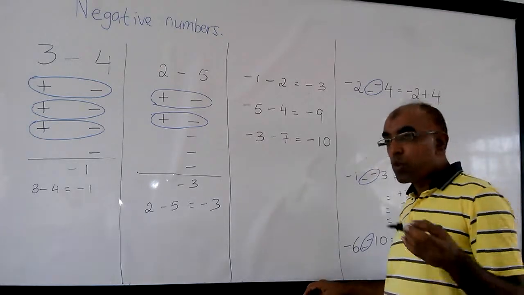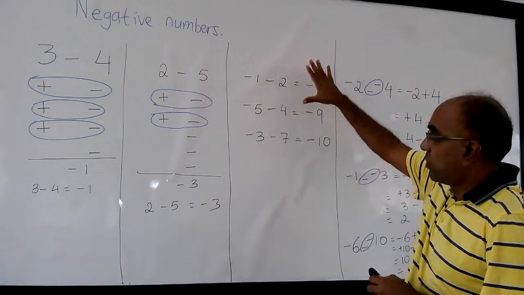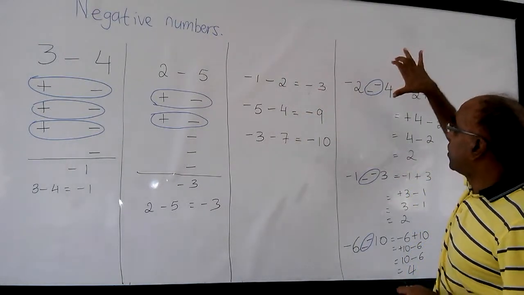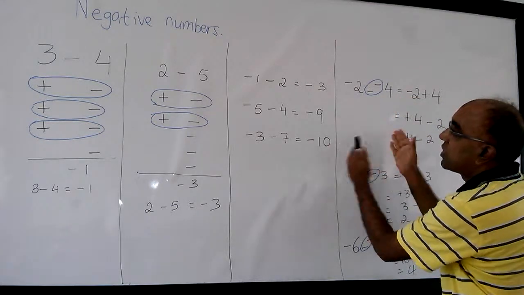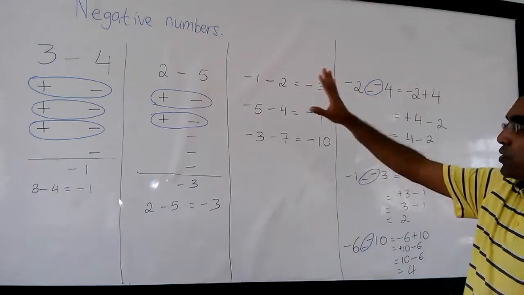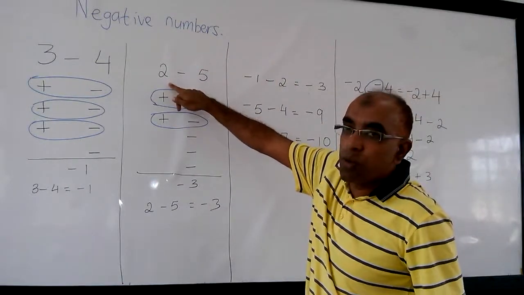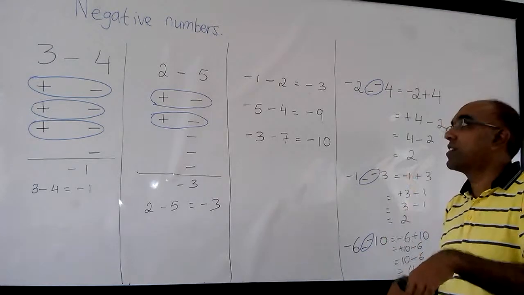So if you consider the previous example, -1 minus 2, and if you consider this one, -2 minus 4, you can see they are different cases. The first one was a small number minus a bigger number. That's one case.